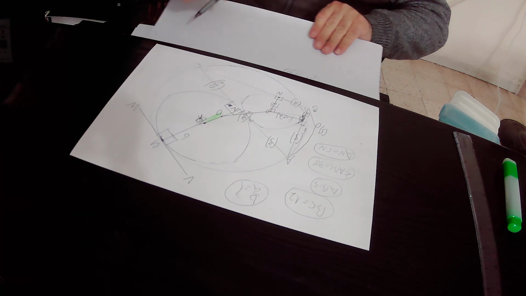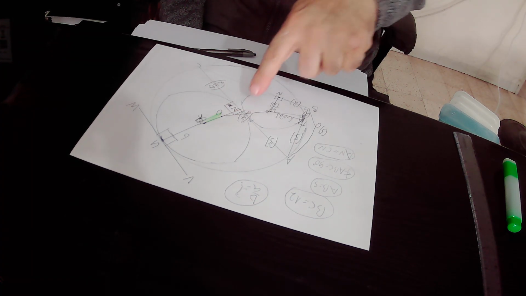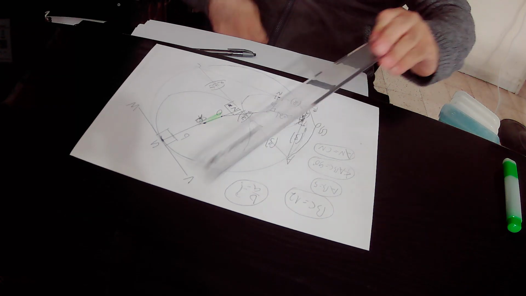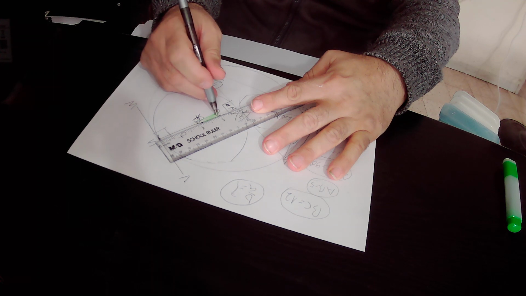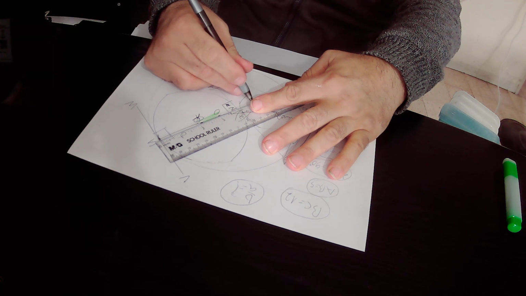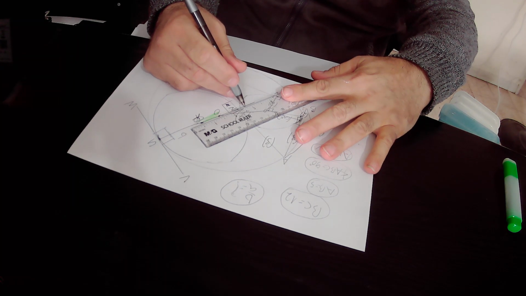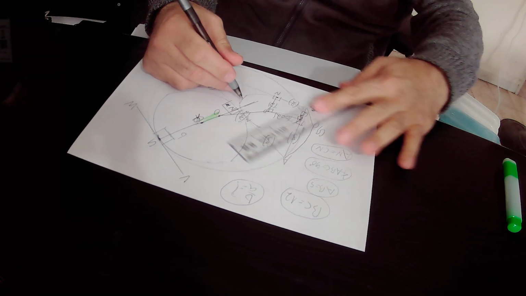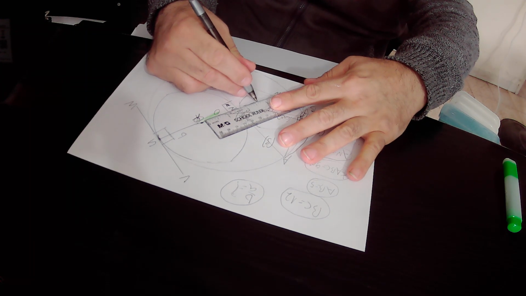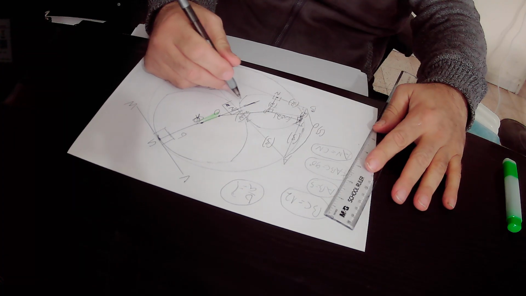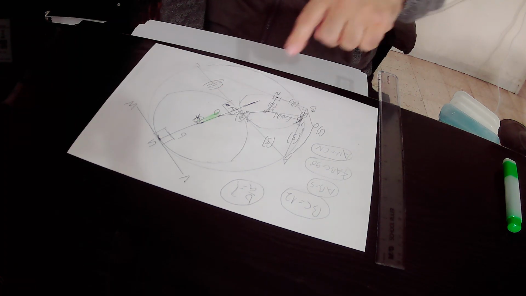Okay, so in the next step, we will extend the perpendicular ON by a straight line. And you extend the straight line by a straight line, the result is a straight line, so this is in total a straight line.